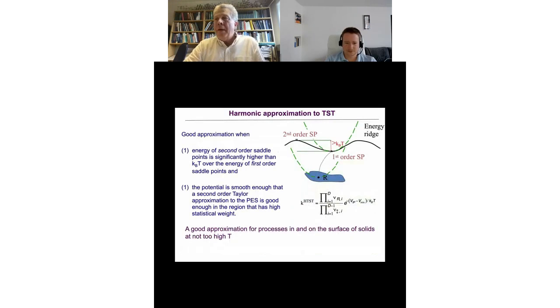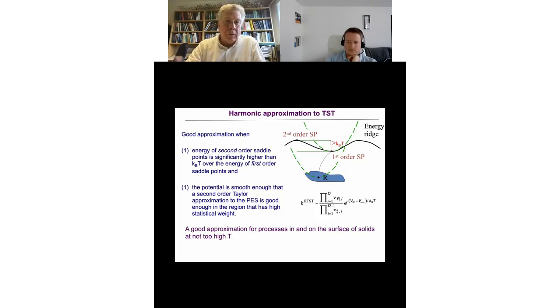Okay, now the work that I'm going to talk about here is all with respect to solids, where we can actually apply harmonic approximation to transition state theory. I'm not talking about liquids. I'm talking about solids where the atoms are vibrating about well-defined positions or average positions, and going from one state to another, we're essentially going over an energy rim, and the saddle point is essentially the mountain pass that has the highest statistical weight.